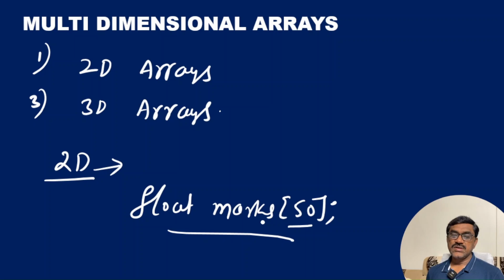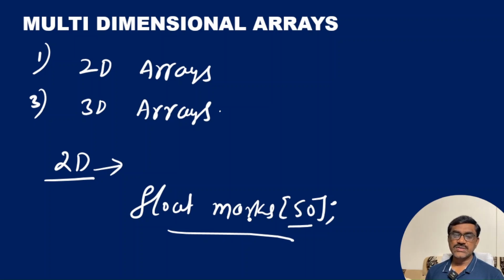But I also decided that I want to store the marks of 5 subjects of a class. Not only total marks, I want to store the marks of 5 subjects. Each student is going to have 5 subjects.